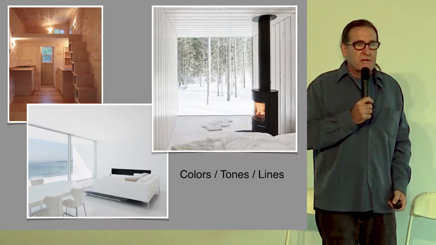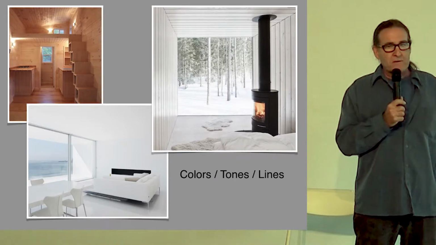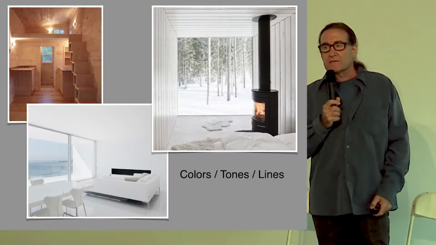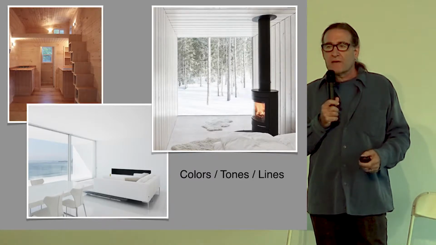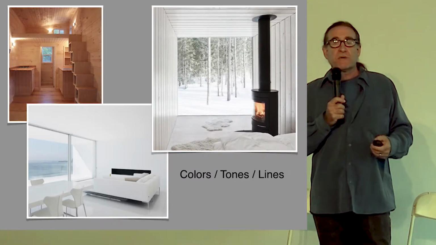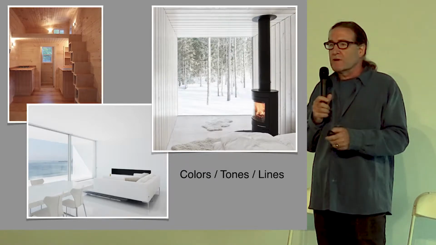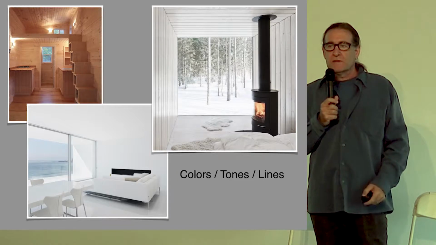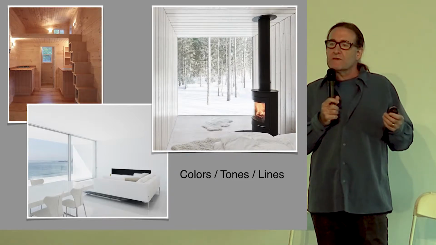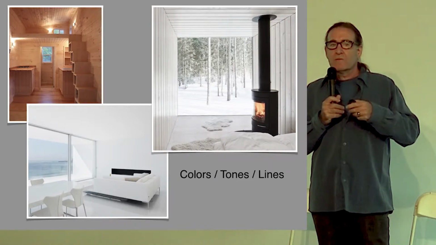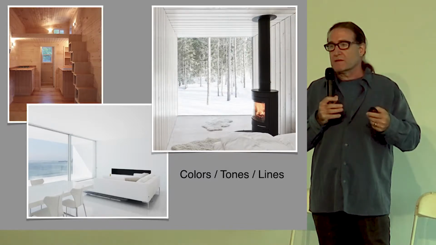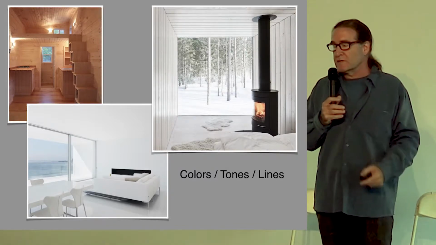One of the other design principles is to think about color and tone and how the lines of your space affect how that space feels. When you use similar colors, similar tones, the space tends to feel more expansive. The walls will recede. They'll move away from you and make it feel like you have more space than you really do.